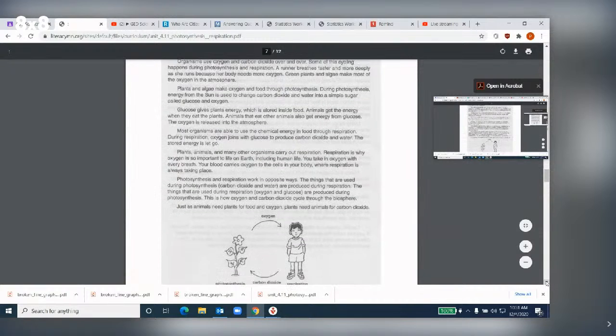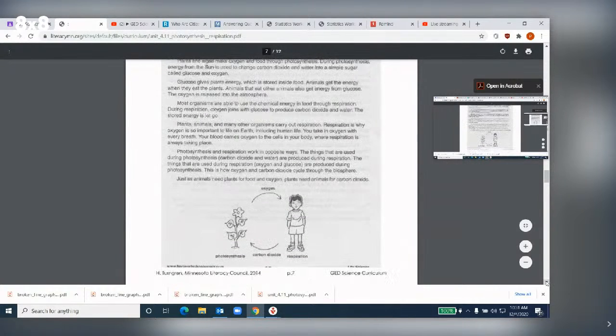Okay, here's the cycle right here. The plants give off the oxygen, we breathe in the oxygen, and then we give off the carbon dioxide. The plants take in the carbon dioxide. You can think of it as two parts: plants are giving off oxygen, and humans are giving off carbon dioxide.